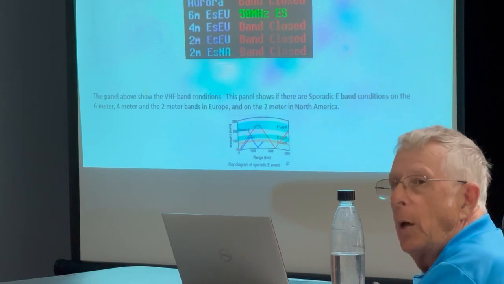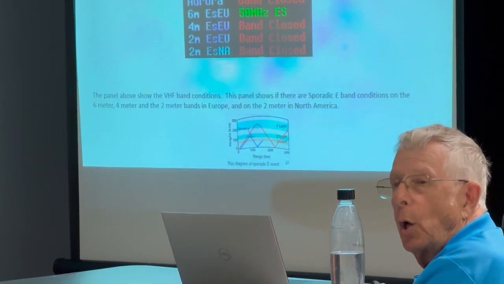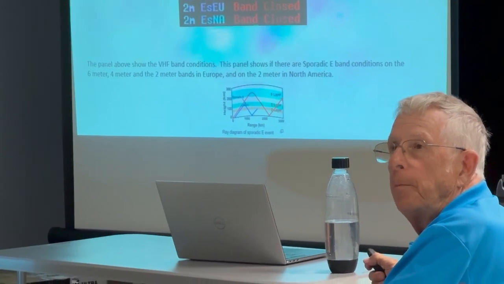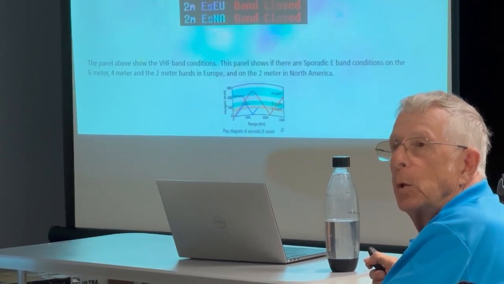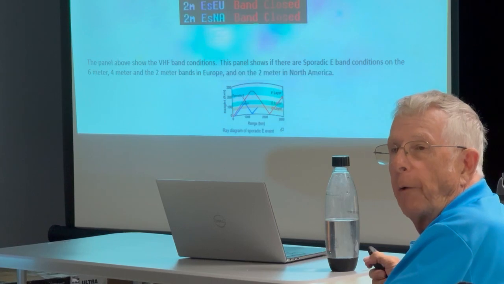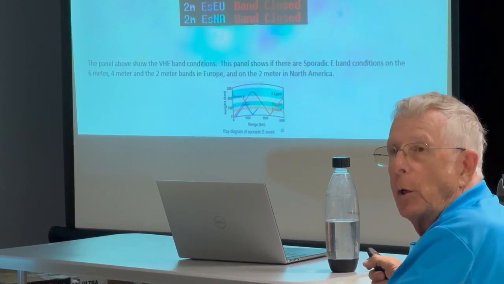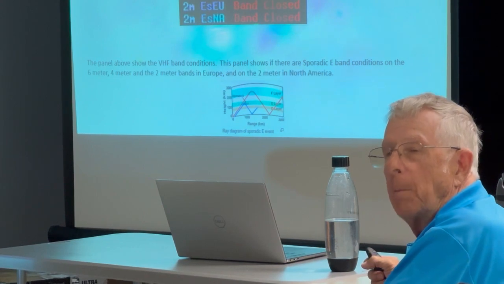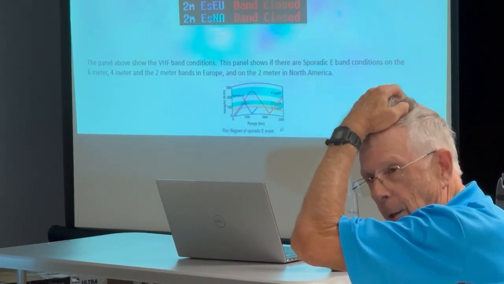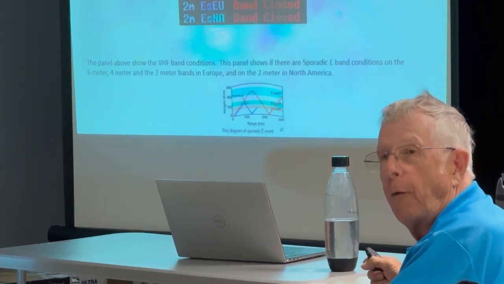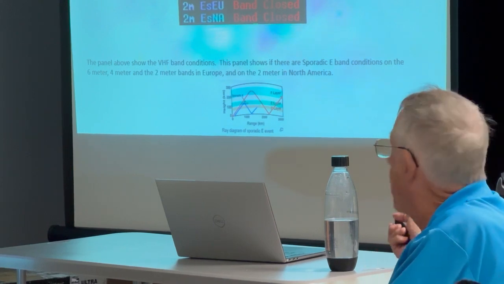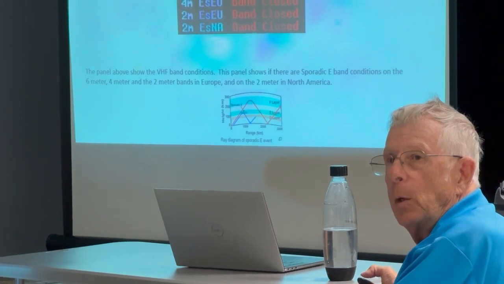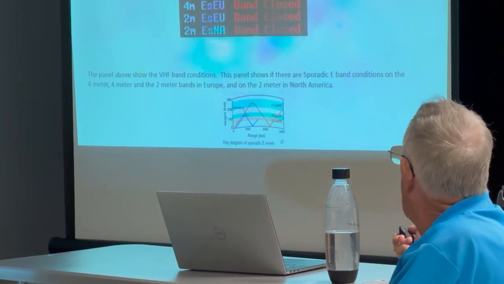Then you have ducting, which is caused by weather, like a cold front overrunning a warm front, and this creates a duct which bounces these signals along. Some of these can be quite interesting. You can talk across the Gulf on them. And then there's sporadic E, which goes up into the ionosphere. And this is what this is covering here.